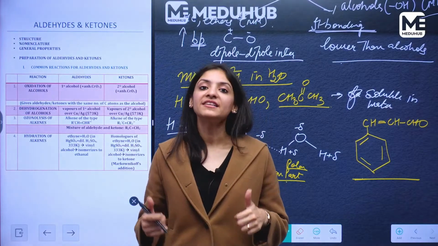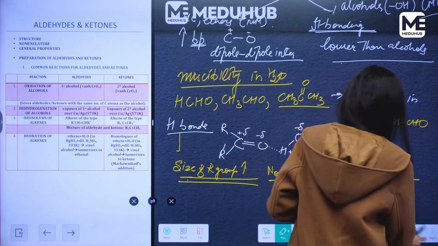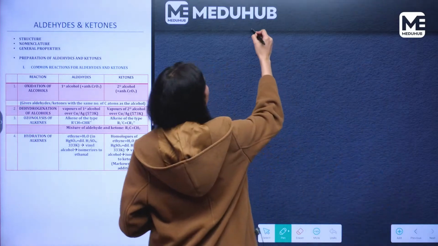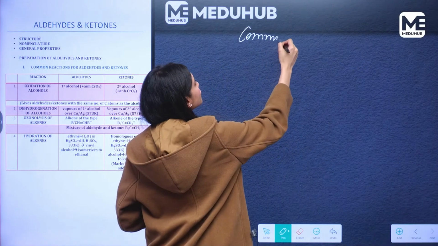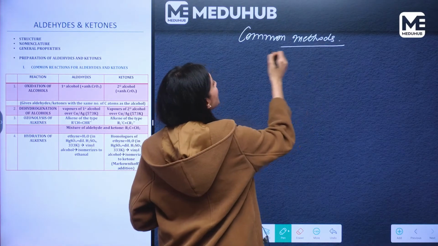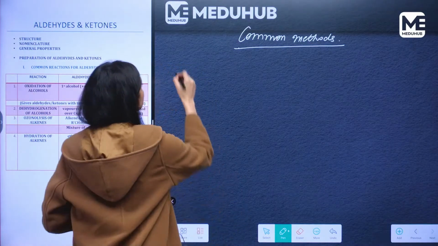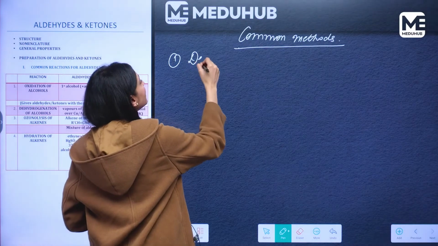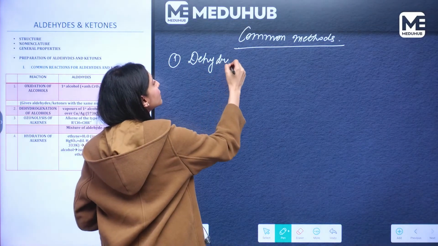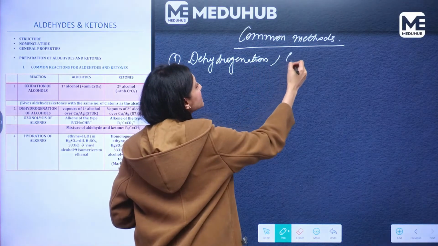Okay, so first of all, let us see the methods that are common to aldehydes and ketones. Common methods of preparation. There are two methods, both of which you have already covered in alcohols and alkenes respectively. First one is dehydrogenation or oxidation.